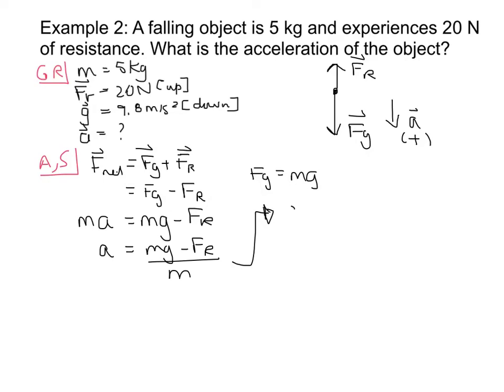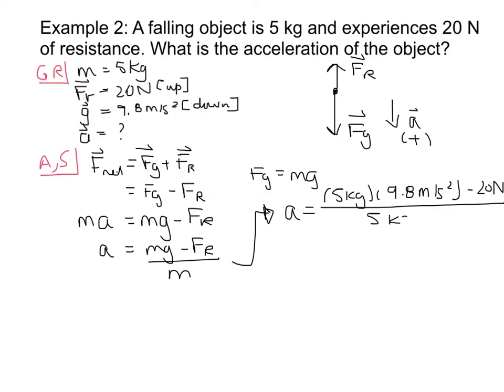So this tells us that acceleration is 5 kilograms times 9.8 meters per second squared minus 20 newtons over 5 kilograms. And the 5 times 9.8 at the top there gives us kilograms times meters per second squared, which we know is newtons.